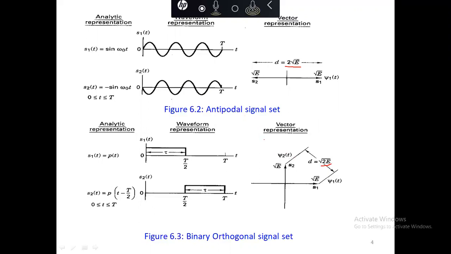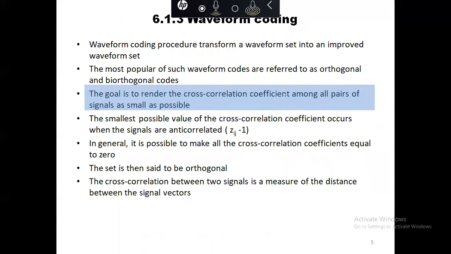So this is the distance properties of antipodal and orthogonal signals. By waveform coding, we improve the performance of the digital communication.